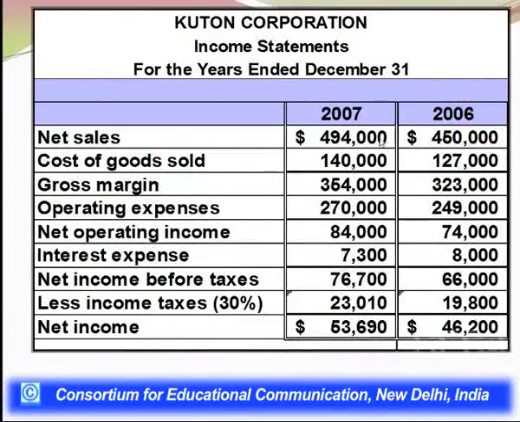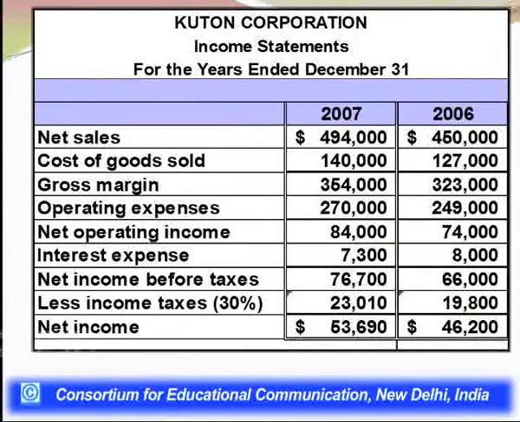So the net profit amount is 53,690, and if we divide it with net sales, the value of the ratio we are going to get is 10.87. This is something very, very important to note down.